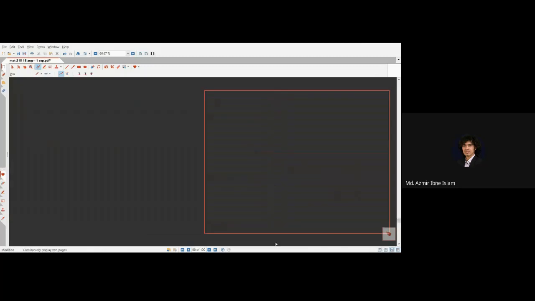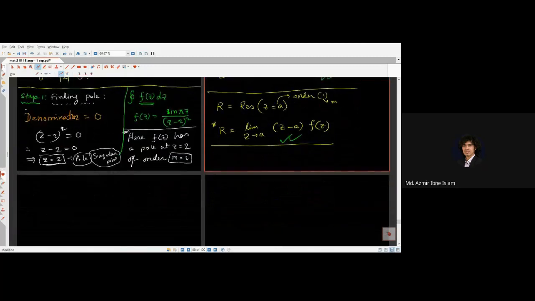Now let's move to step 2. In step 2, we have to find the residue, so finding the residue at z equal to 2.